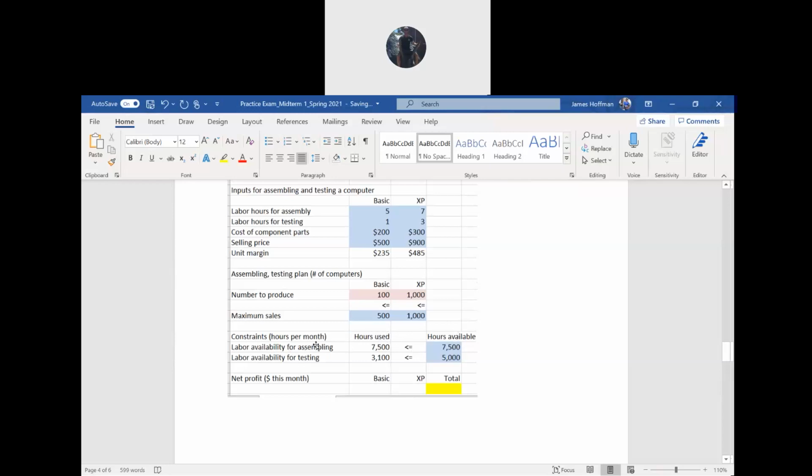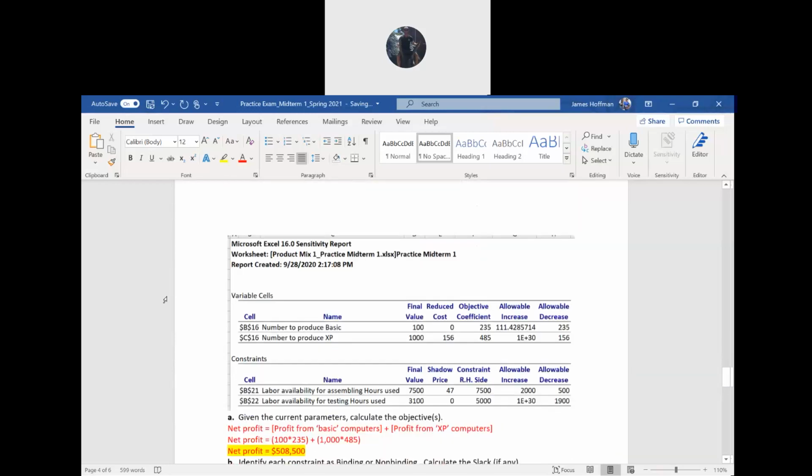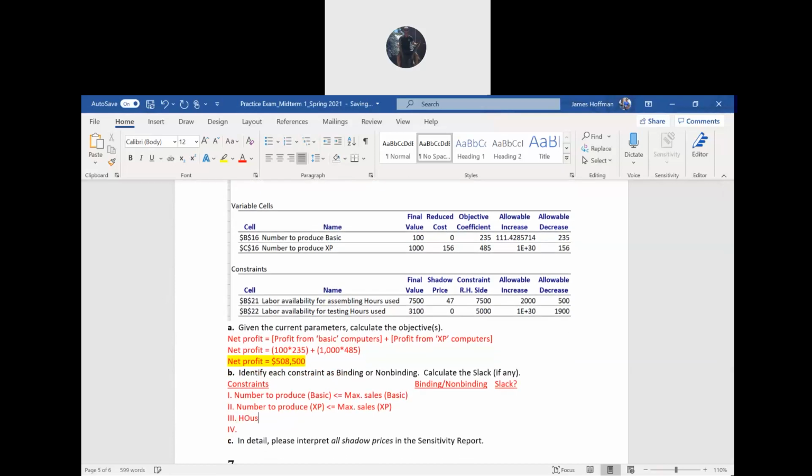So we can't use more hours than we have available for each type of activity. All right, so we've got listed our 4 constraints.